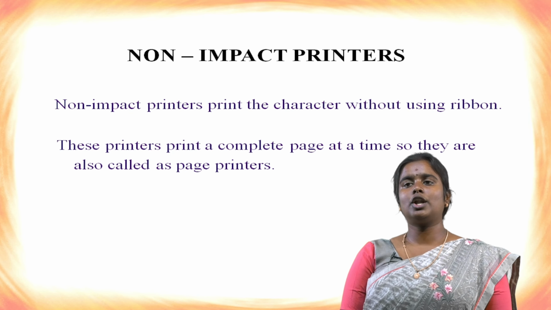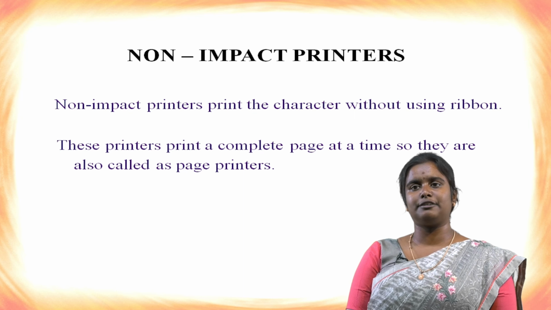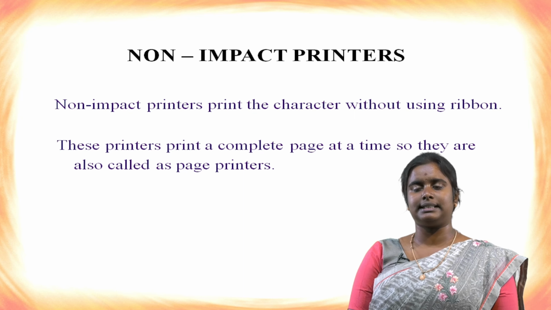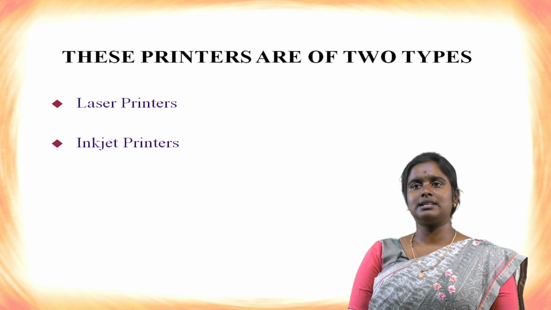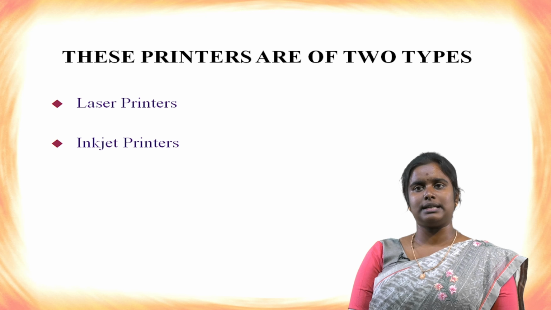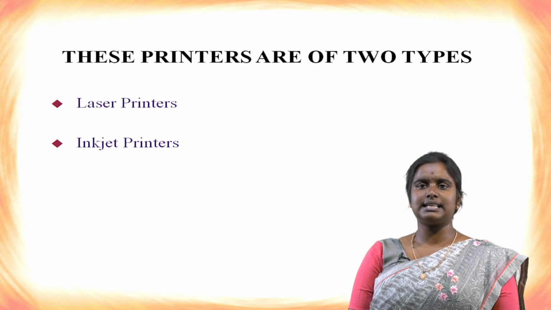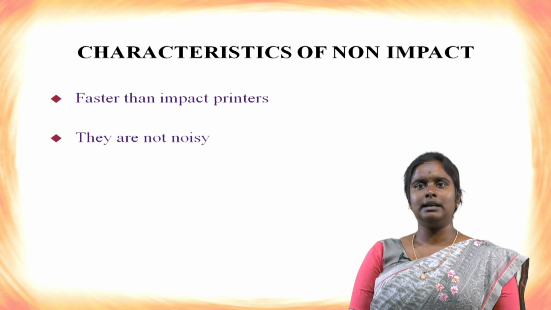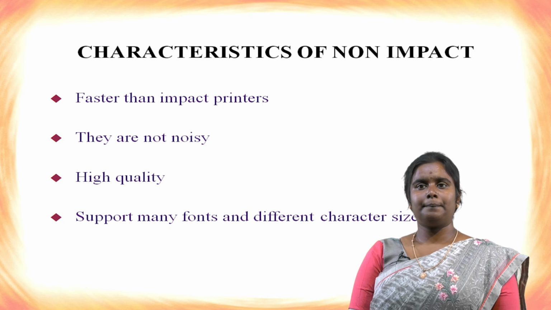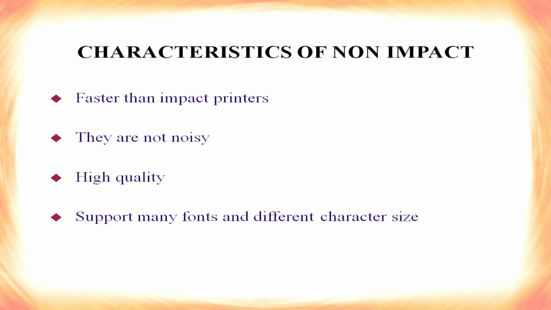Non-impact printer. Non-impact printers print a character without using a ribbon. These printers print a complete page at a time, so they are called page printers. These printers are of two types. The first one is the laser printer and the second one is the inkjet printer. Characteristics of non-impact printers: faster than impact printers, not noisy, high quality, and support many fonts and different character sizes.